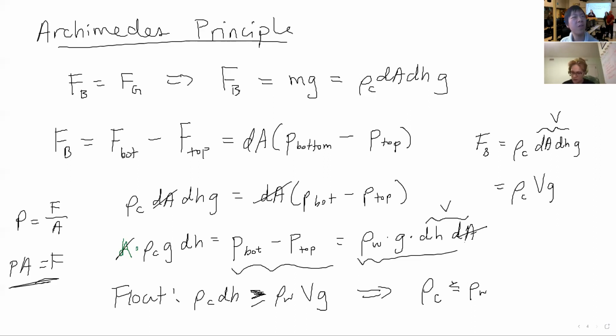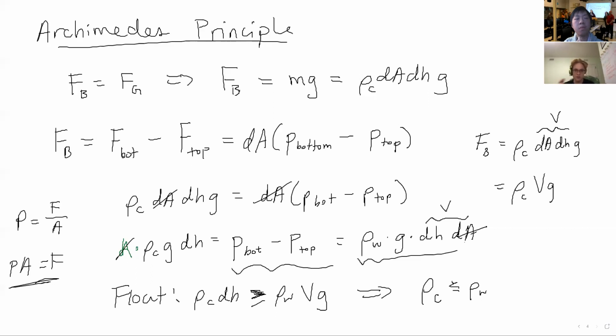Wait, but does that follow though? Okay, so you see dA rho C G dH, right? That's your P bottom minus P top. And that's rho W G V. So V cancels from both sides, dA dH cancels from both sides, and G cancels from both sides.